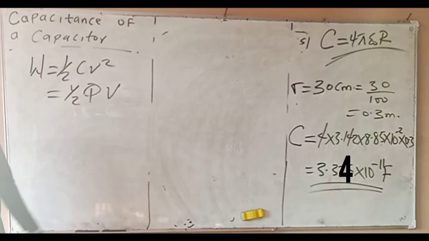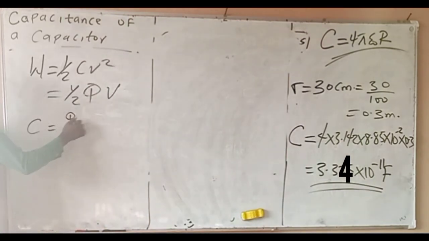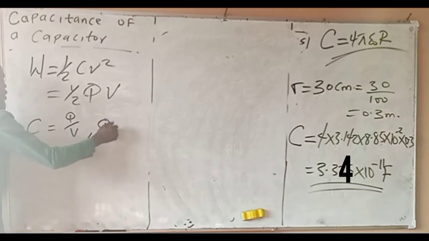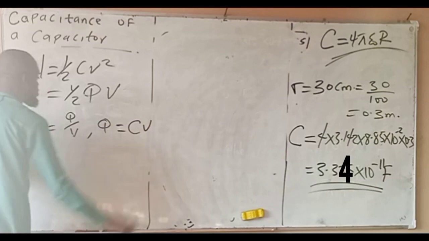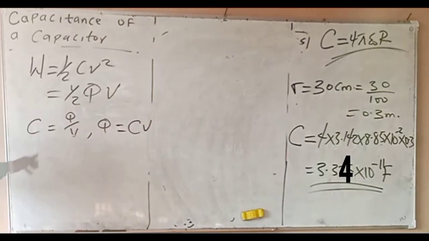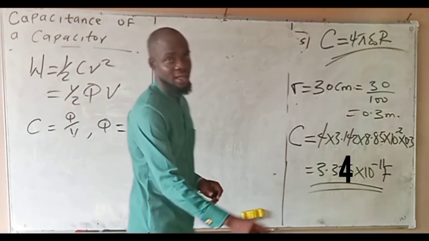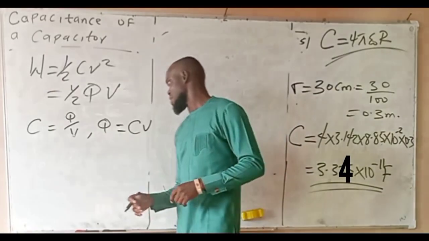Remember, C is equal to Q over V. From here, Q is equal to CV, and V is equal to Q over C. Just change the subject of the formula.